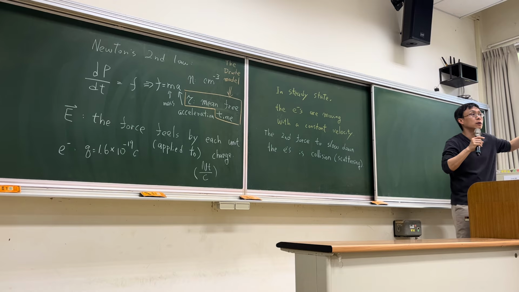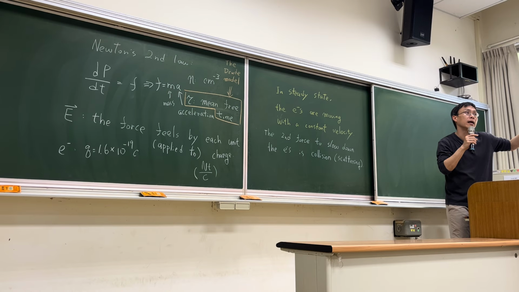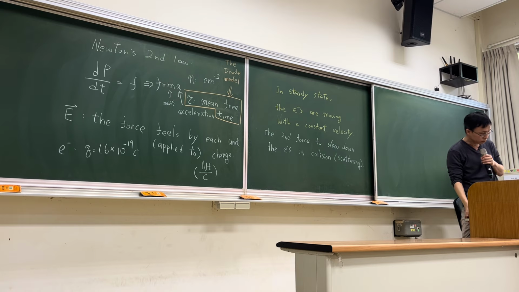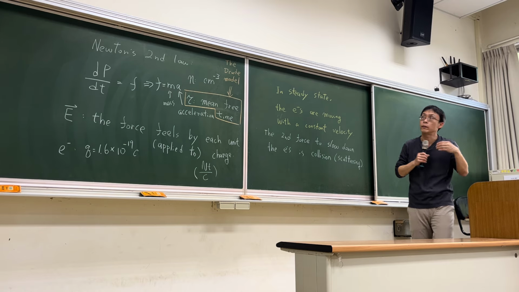One is to make the electron run faster. The other one is to make the electron slow down, right? So how do you balance these two forces? Let's write it down.